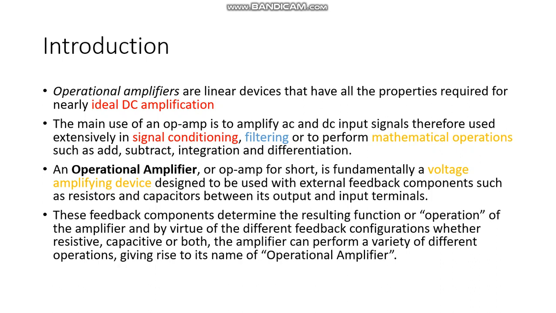These feedback components determine the resulting operation of the amplifier, by connecting the resistors and capacitors in such a way that it will act accordingly. For example, for an anti-log amplifier the RC components are connected in one way, and for an adder the RC components are connected in some other way. Let us discuss later.